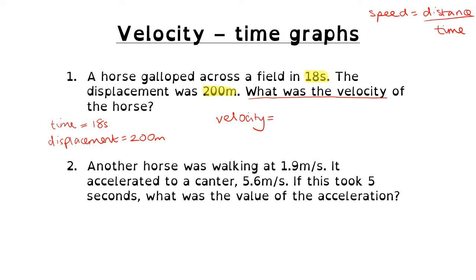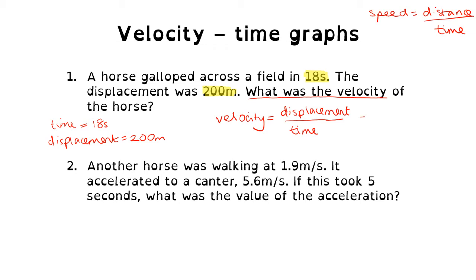Remember that vector means has direction. Velocity and speed are related to each other. Time is the same for each of these, so we're going to have time on the bottom, and instead of distance on the top, we're going to have displacement. So velocity is almost like a fancy way of saying speed, but it is speed with a direction.